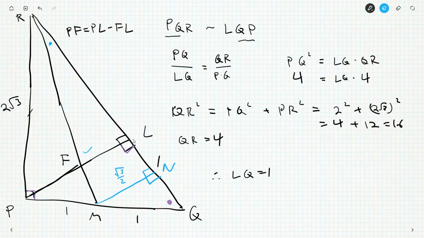And, by the way, for people wondering, how did you figure that out? MQ is similar to PLQ, and then I did some ratio work like I did up here, just in my head.